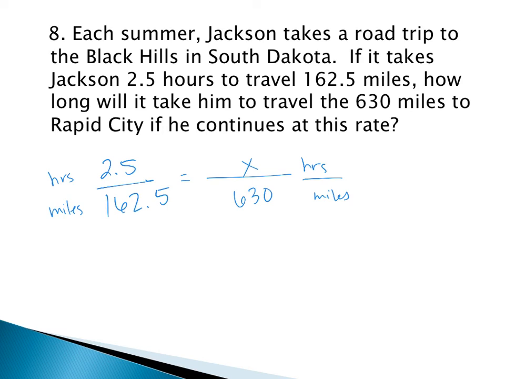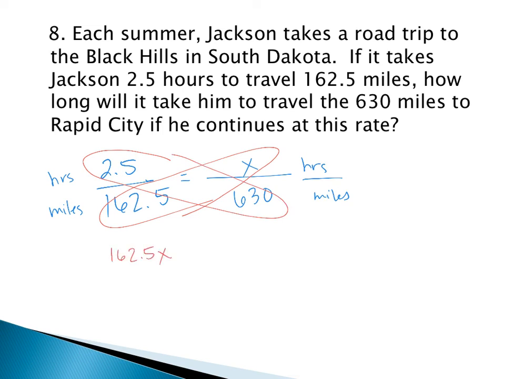Now remember, to solve a proportion, we cross multiply. So we're going to multiply 162.5 times X. And we're going to multiply 2.5 times 630. So I'm going to type that in here. 2.5 times 630. That is 1,575. Divide both sides by 162.5.